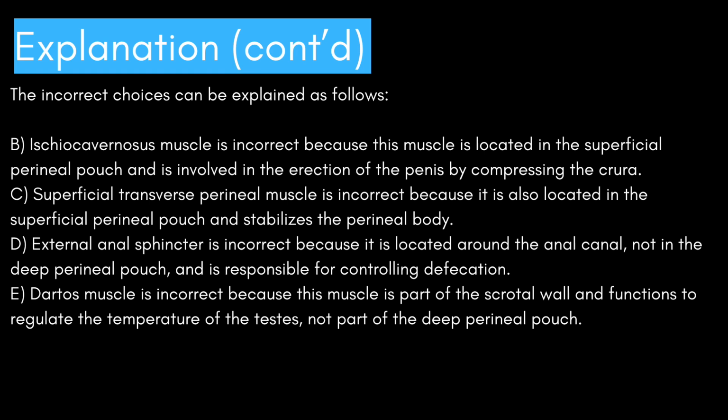E. Above the pectinate line, superior rectal vein into the inferior vena cava. Below the pectinate line, inferior rectal vein into the portal system is incorrect because the superior rectal vein drains into the portal system, not the inferior vena cava, and the inferior rectal vein drains into the inferior vena cava, not the portal system.